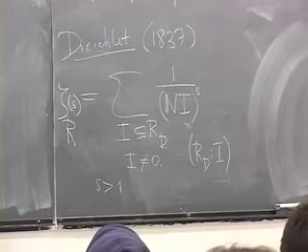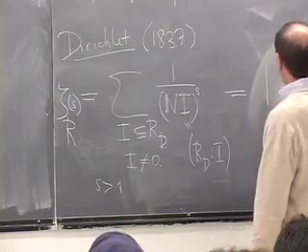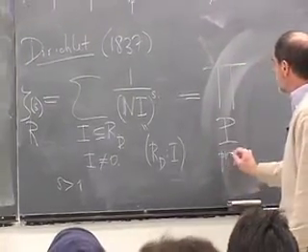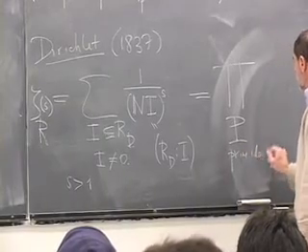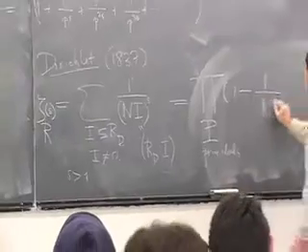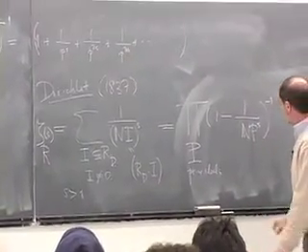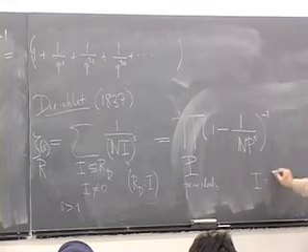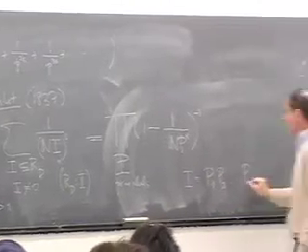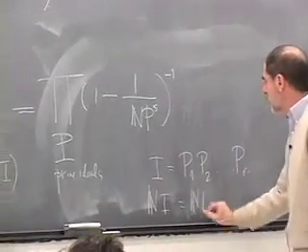And the theorem that every ideal is a product of prime ideals, he said, well, that translates into Euler's result, that this is a product over prime ideals of 1 minus 1 over the norm of p to the s, inverse. And that's because if you factor an ideal as the product of prime ideals uniquely, then it turns out that the norm of that ideal is the product of the norms of the prime ideals.